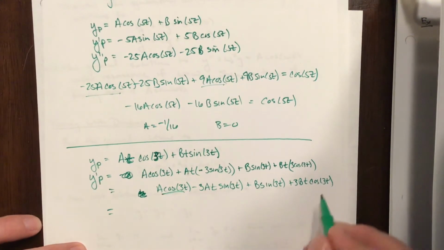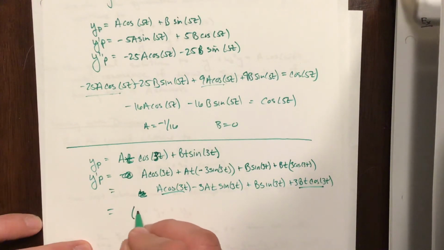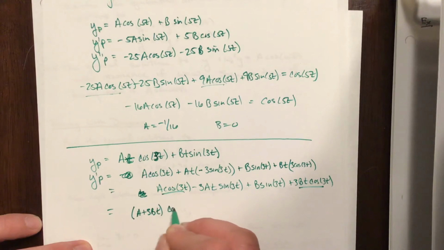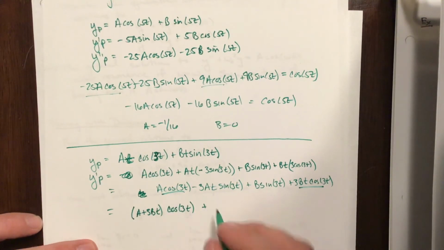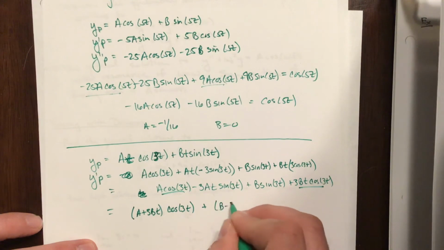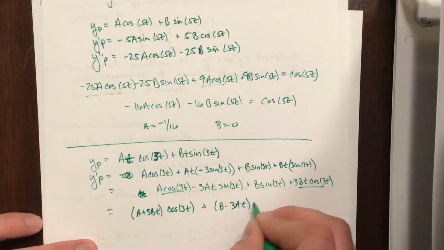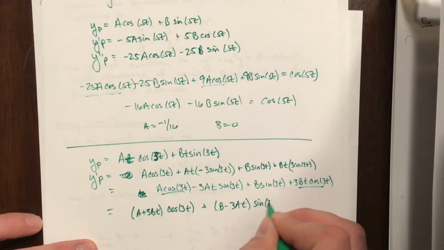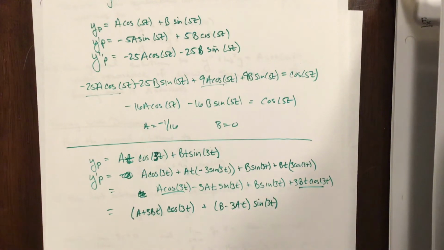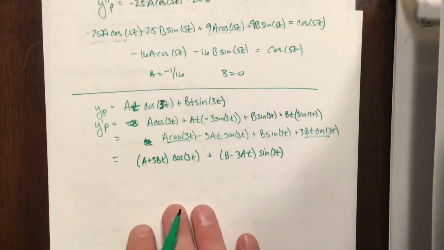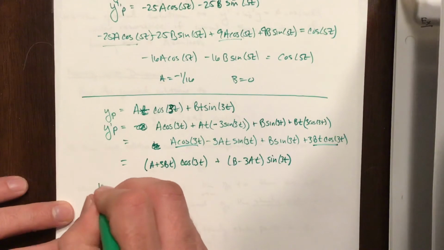So there's a cosine, there's a cosine, so we get a plus 3bt cosine 3t plus b minus 3at times the sine of 3t, and that's y prime.